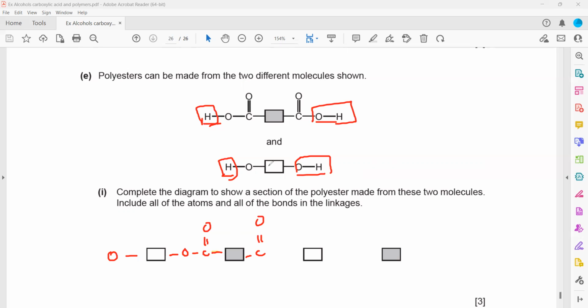And the same thing again: OH is removed, so there will be O, C double bonded with O, and C double bonded with O. Is it clear how to draw this structure? The box without a shade was the alcohol. That's why I started with an alcohol. If they started with a shaded box, then I would draw the polymer.